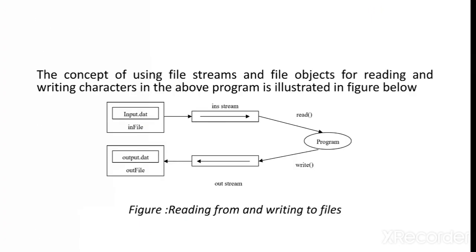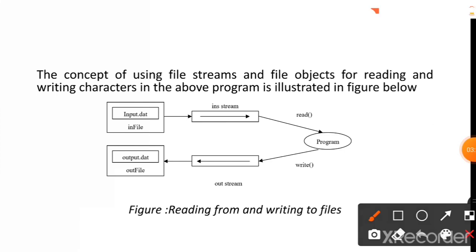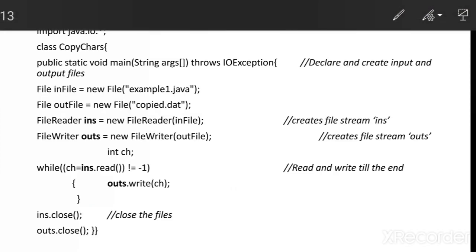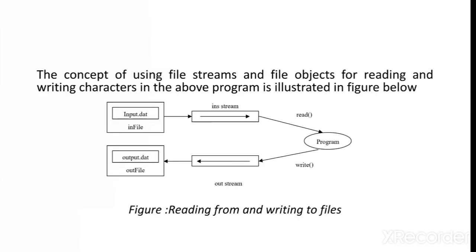Next, the concept of using file streams and file objects for reading and writing characters in the above program is illustrated graphically in this figure. So the input file is input.dat, but in the previous program it is actually the file example1.java, and the output file is copy.dat. Okay.